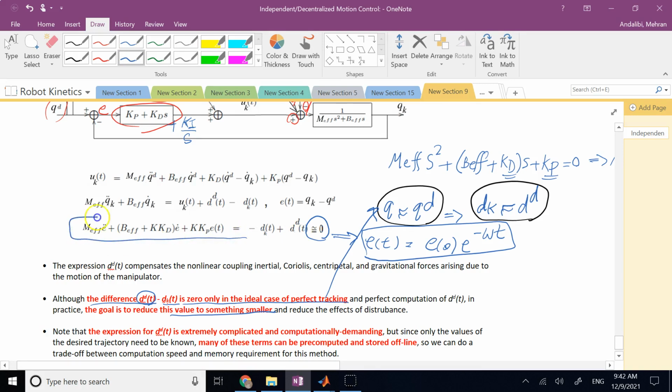You end up with a second order differential equation, and you can choose the roots of the characteristic equation, so you get asymptotic convergence of error to 0. But when the I comes in, now this equation goes to a third order, and then choosing the roots and showing asymptotic convergence is not as trivial. So really the main reason for choosing PD over PID in the books is just due to proof of convergence.